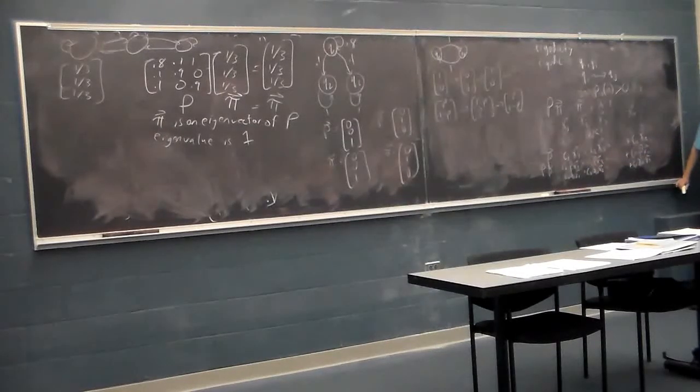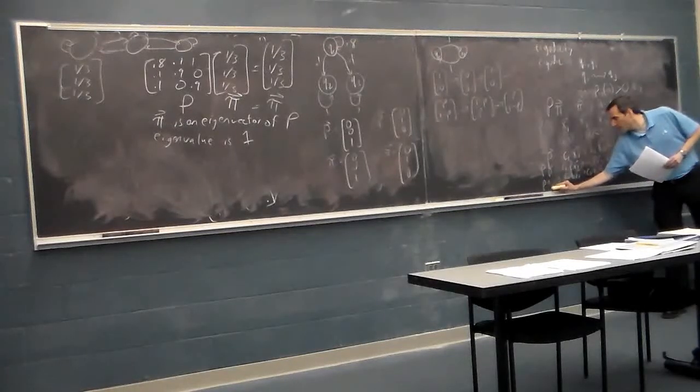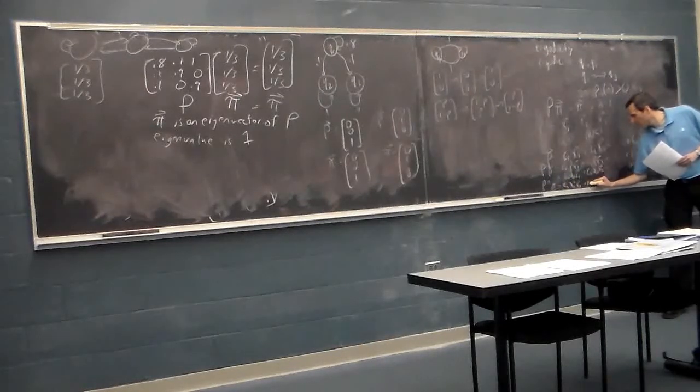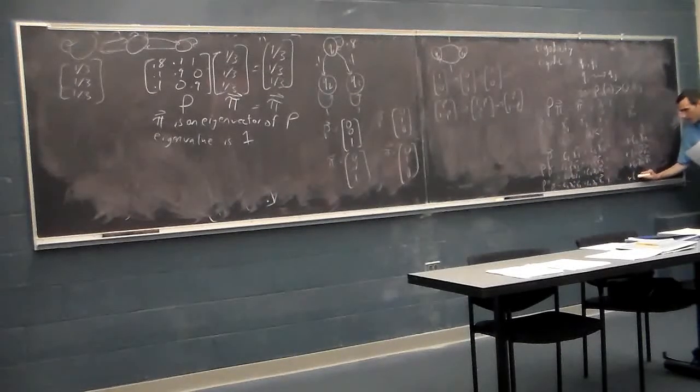And in general, if we did this for n steps, we'd say P to the n times p would be equal to c1 lambda 1 to the n x1 plus c2 lambda 2 to the n x2, etc., up through c sub n.